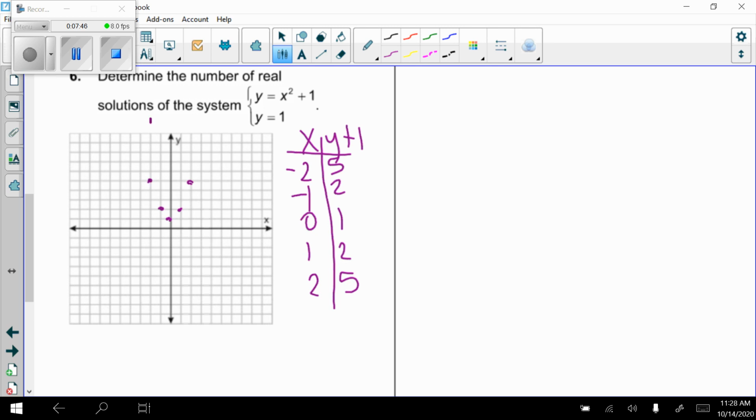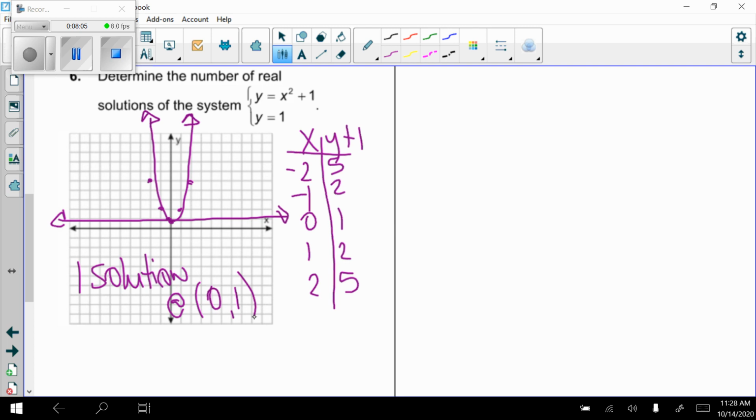So here is my parabola. And then graph the line y equals 1. That's just a horizontal line through y equals 1. So I can see I have one solution. That one solution is at this point, which is my vertex, 0, 1.